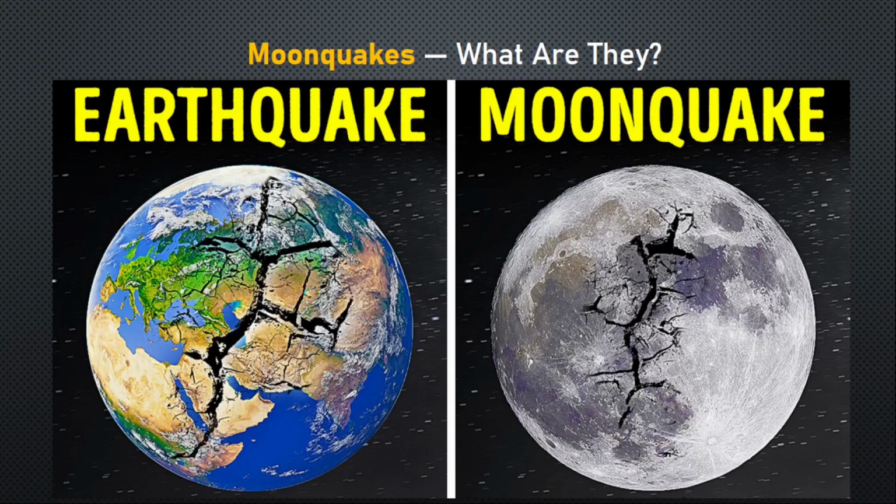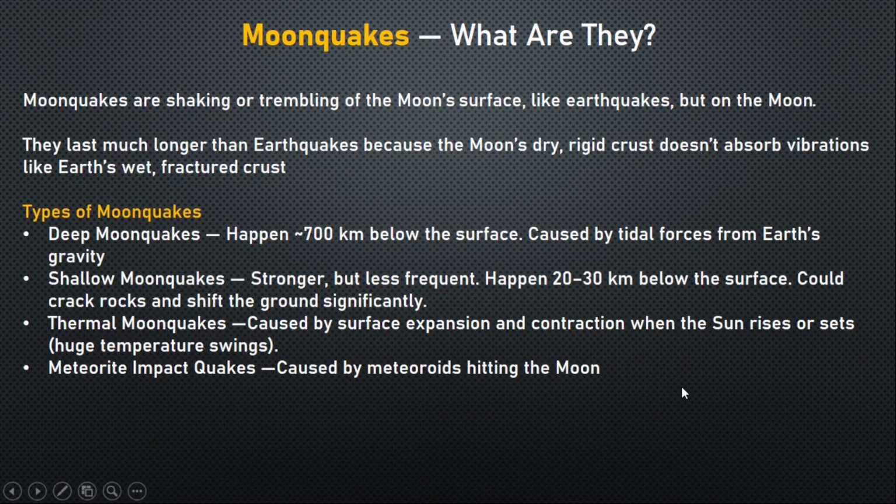so now let's talk about the moonquakes. What are moonquakes? Just like earthquakes, we have moonquakes. At least most of us can relate to earthquakes. Moonquakes are shaking or trembling on the moon's surface, just like earthquakes.